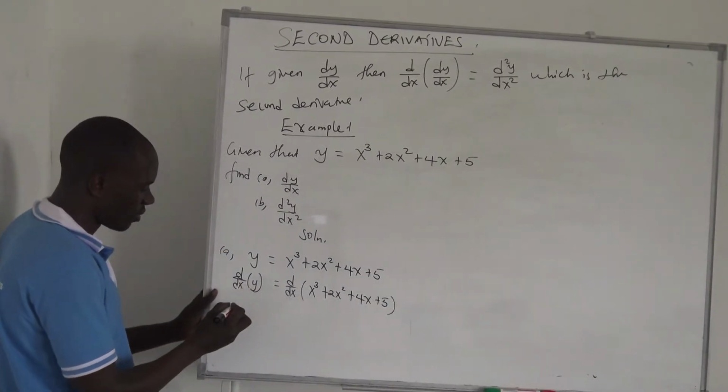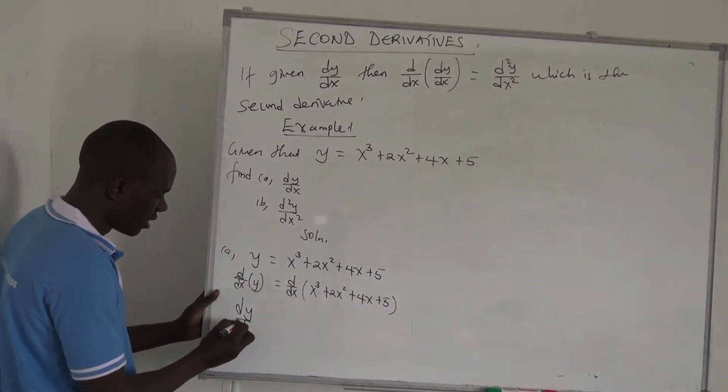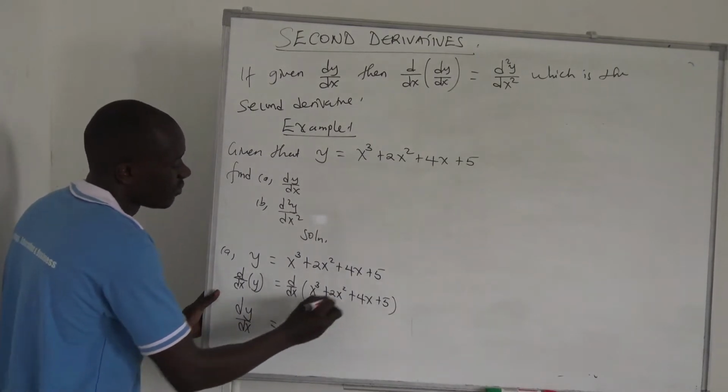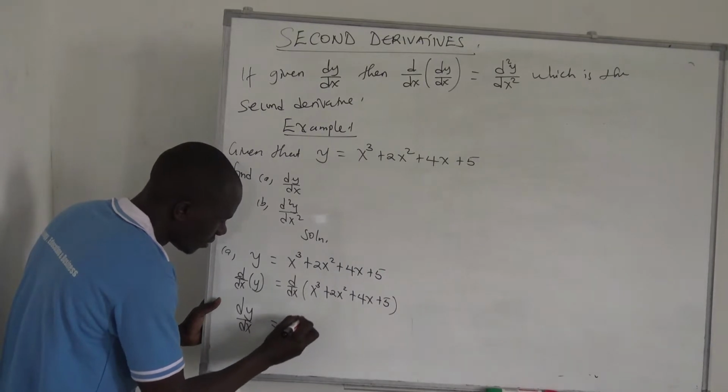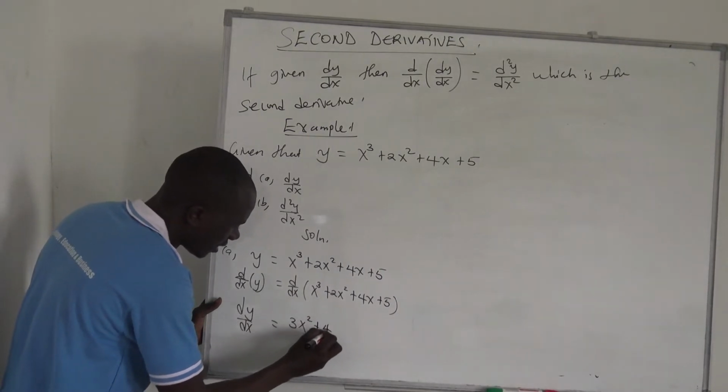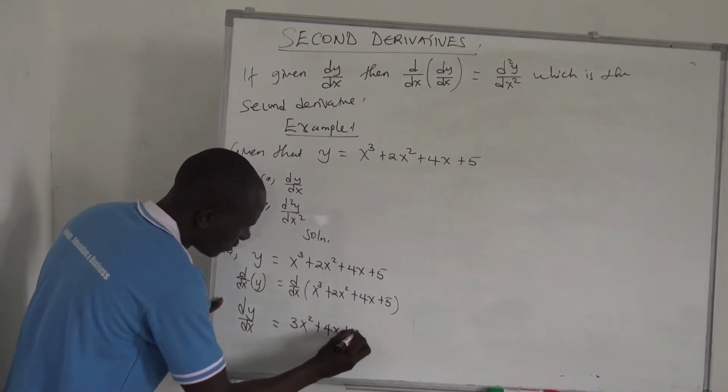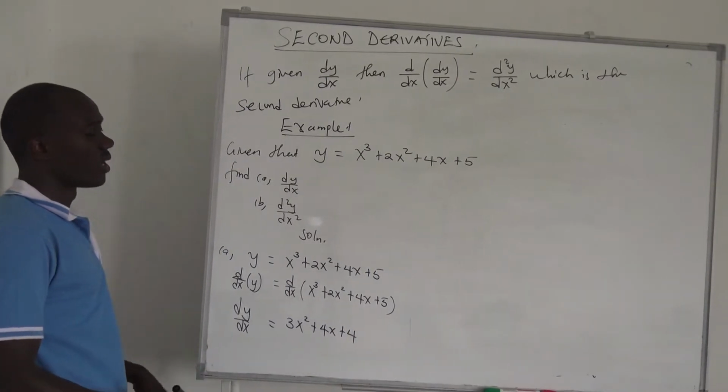When you differentiate, you get dy/dx equals 3x squared plus 4x plus 4. That's what we call dy/dx.